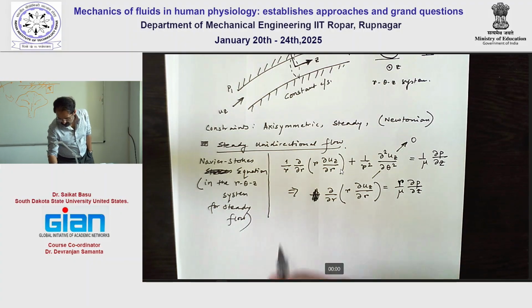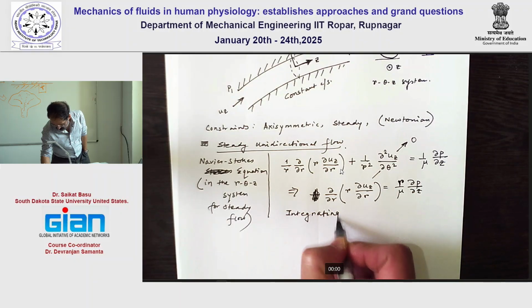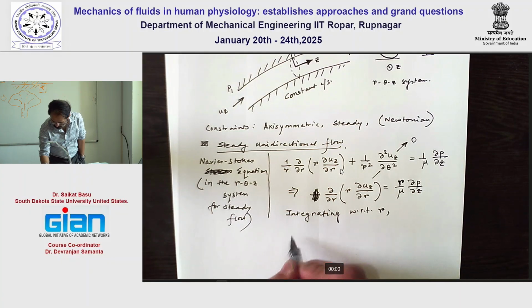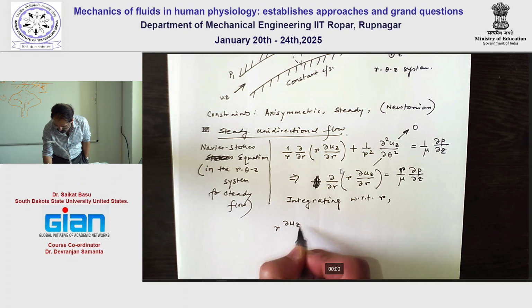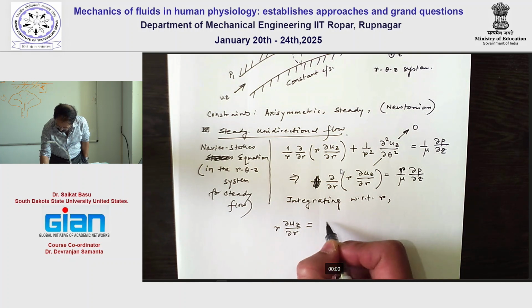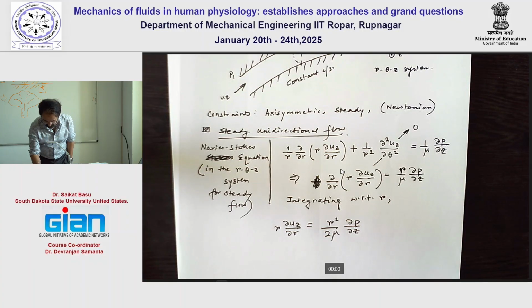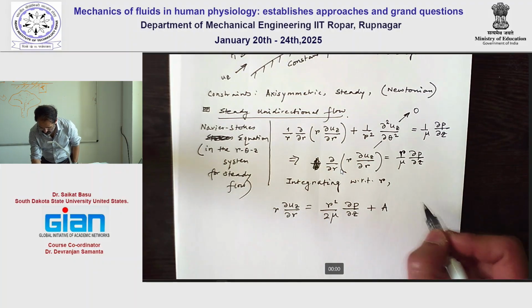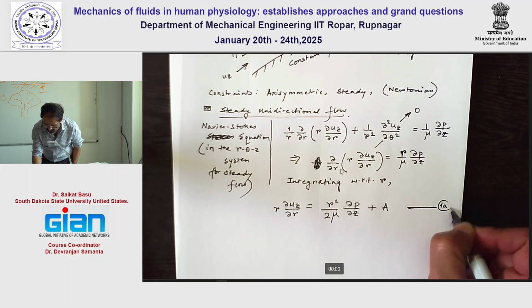Now let's integrate with respect to r. On the left hand side the del r goes out, so r del uz/del r is r squared over 2 mu, del p/del z, plus some constant, let's call it a. We have not named any equation today, so let's call this equation 1a.